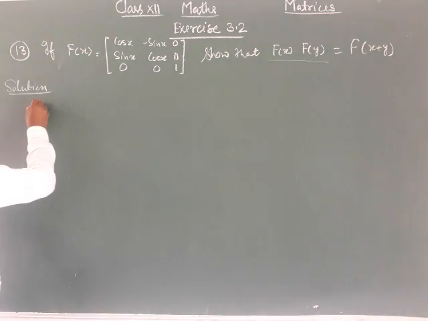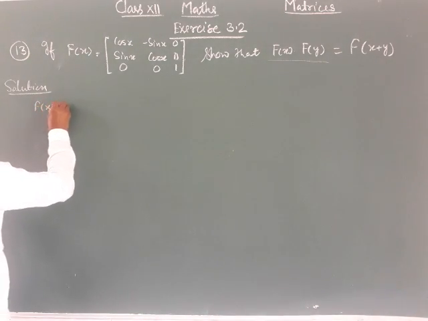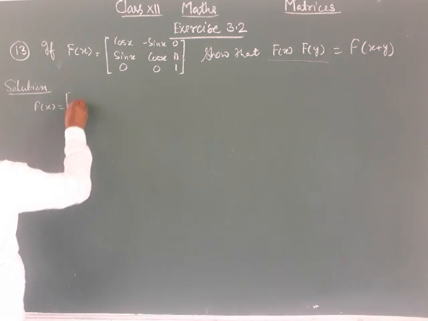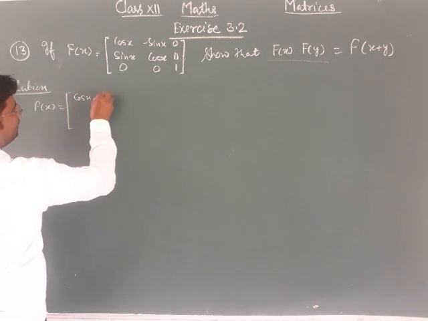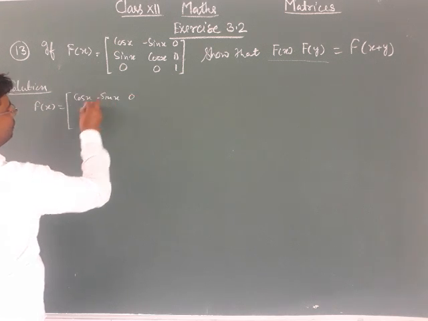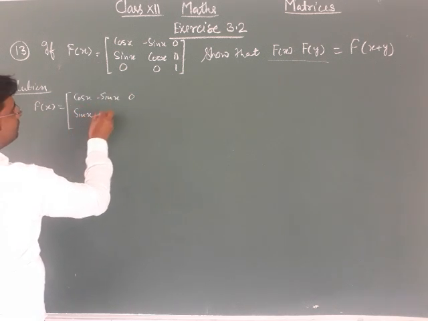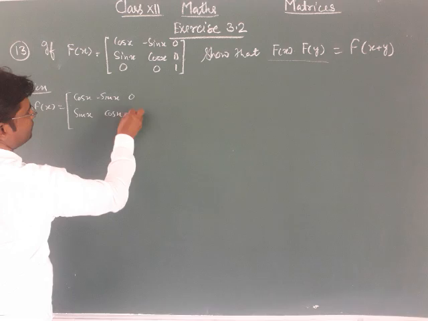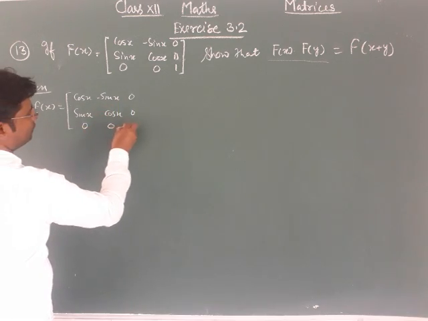So now f(x) is equal to the given matrix [cos x, -sin x, 0; sin x, cos x, 0; 0, 0, 1].